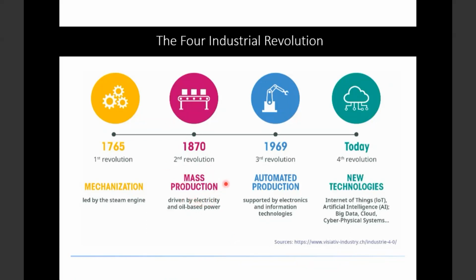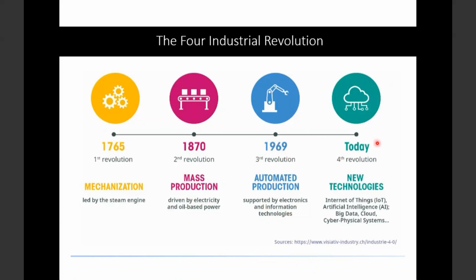Then for the third revolution, we have automated production, which is done by robotics, by robots. This is supported by electronics and information technologies, in 1969.